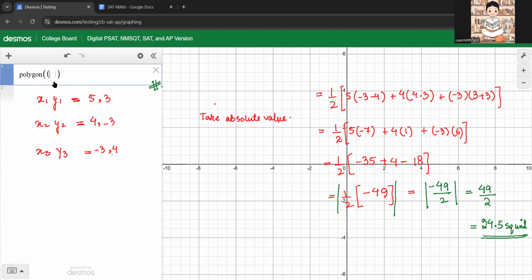So the first coordinate is 5, comma 3. Make sure you write all the brackets correctly. And then 4, negative 3. See, I already have a line here. Let me erase the drawing. I'll erase it once I am done writing the coordinate points. And the last point is negative 3, comma 4.